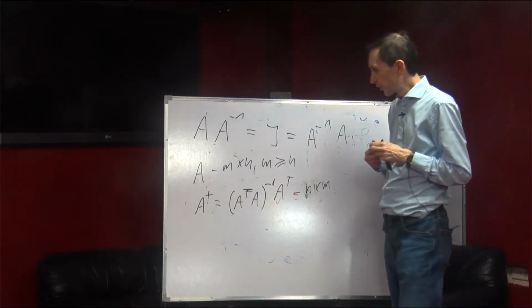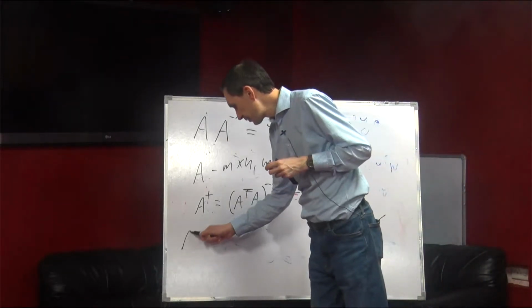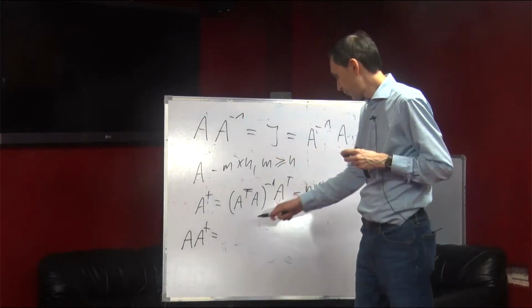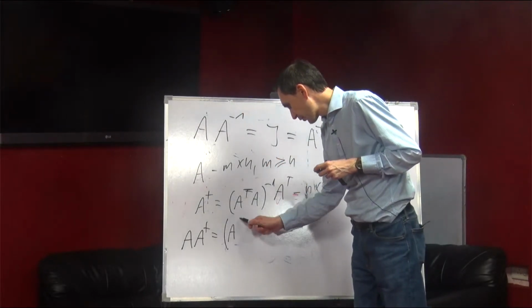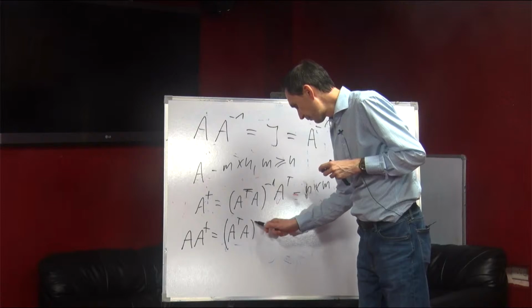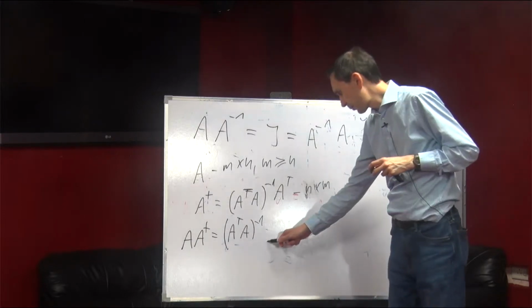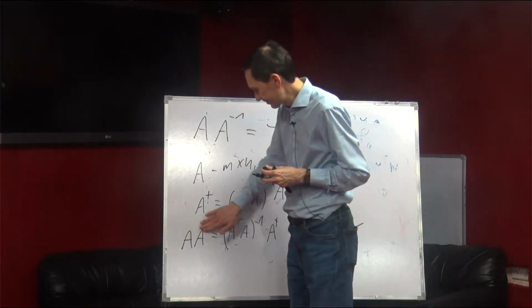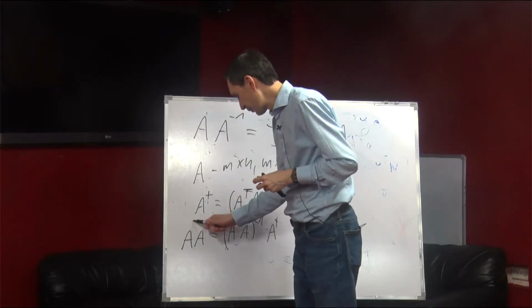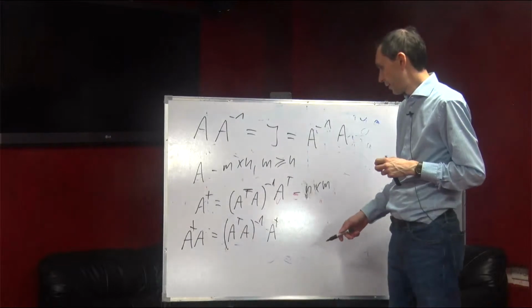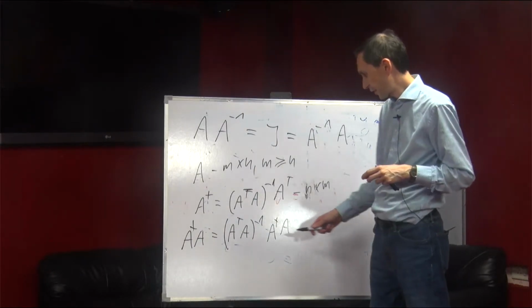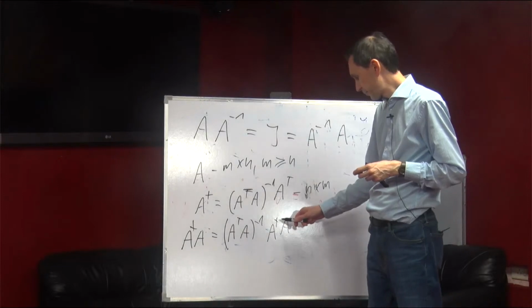Why? Because if you multiply A plus with A, what you get, you see here immediately, is A transposed A inverse times A transposed, and now comes A. And of course, this is exactly the inverse of that thing here.